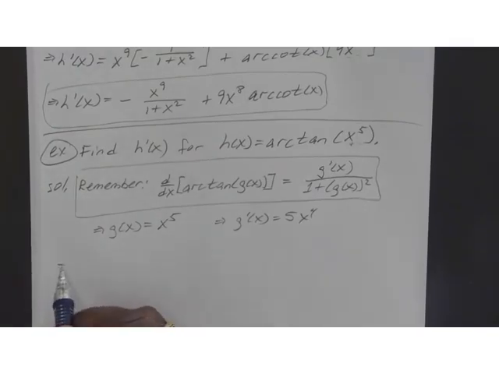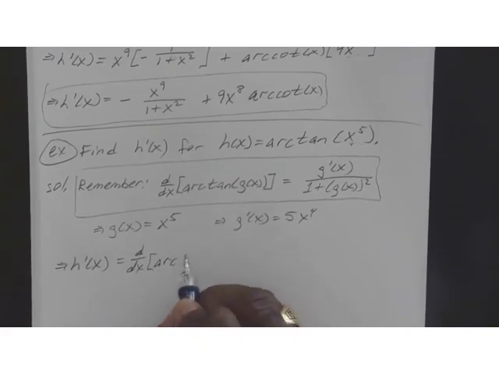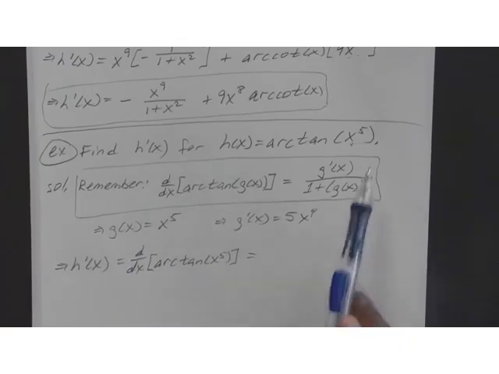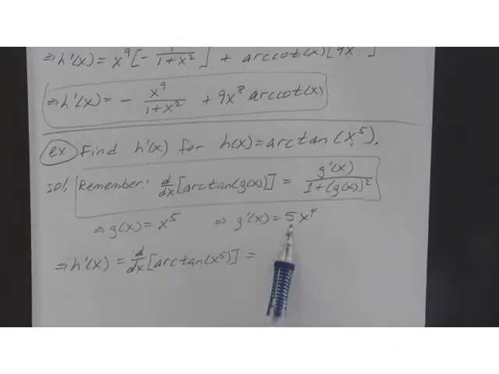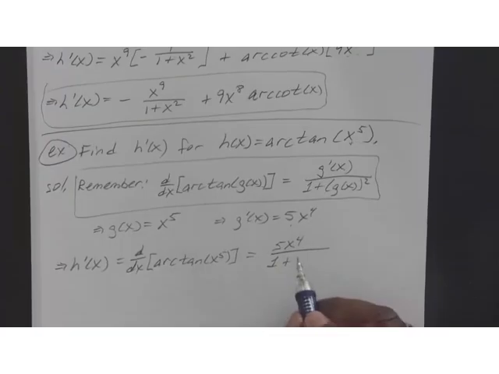So just plugging everything in, h prime of x is the derivative of arctangent of x to the 5th power, which we know is g prime of x, which is 5x to the 4th power, divided by 1 plus g of x squared. So that's x to the 5th power squared.